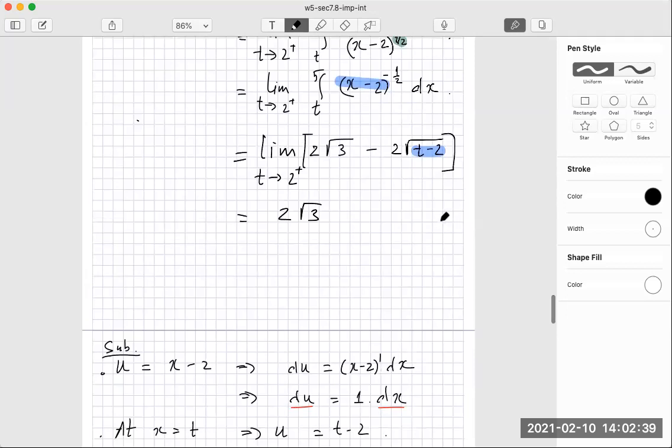Why is the 2 square root of t minus 2 equal to 0? It's a very good question. As t approaches 2, the t minus 2 under the radical ends up being 0, so we get 2 times 0. So when we have 2 times the square root of t minus 2, and we're having t approach 2, the t minus 2 inside the radical is going to go to 0.